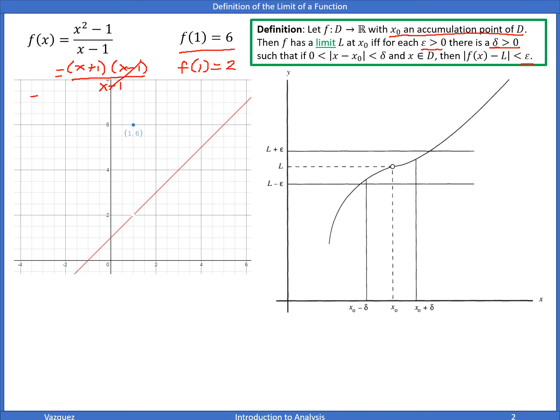That for a given strip here, a neighborhood centered at x naught, which is an accumulation point, if our point lies anywhere in here, let me use a different color, let me use green, if our point lies anywhere in here, and it can get arbitrarily close to x naught, then our f of x should lie anywhere here.